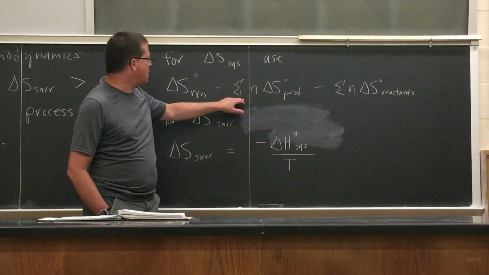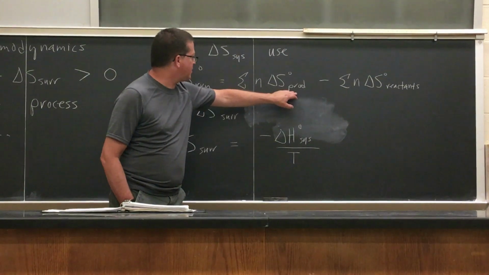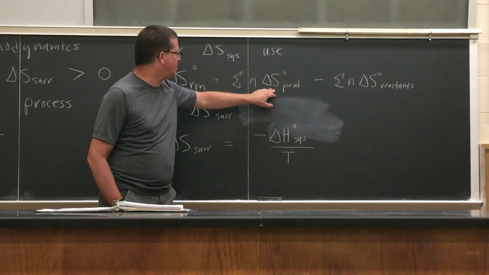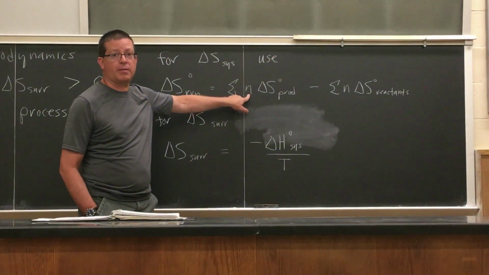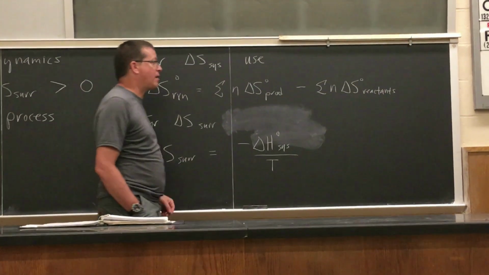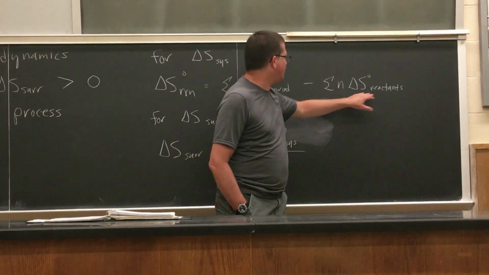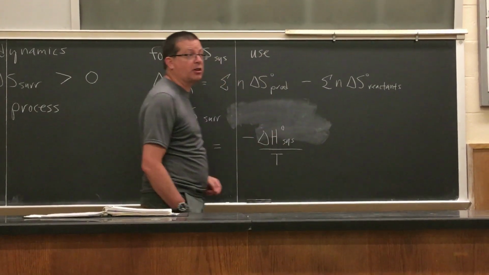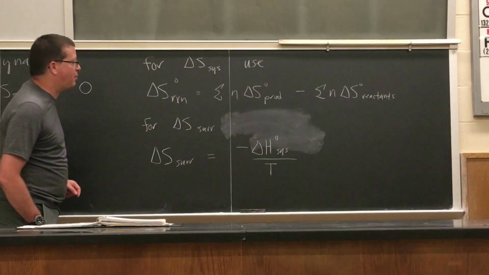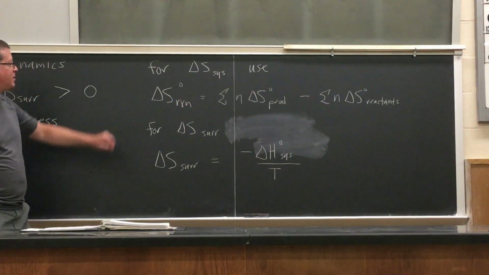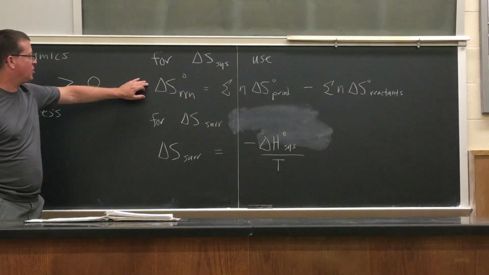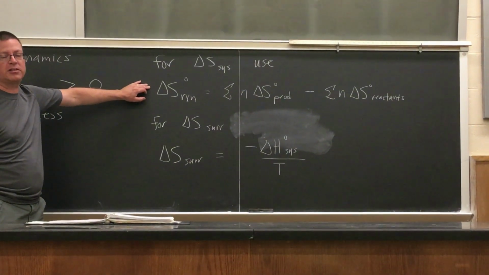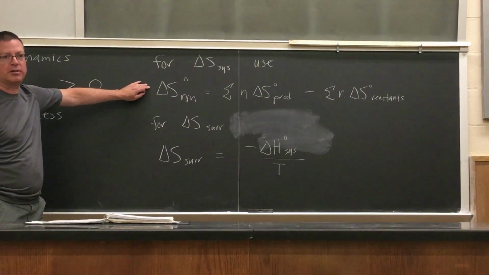It's just the summation of the standard state entropies of the products, taking into account the stoichiometric coefficients, minus the summation of the standard state entropies of the reactants, also accounting for stoichiometric coefficients. We'll look at an example of this in just a moment. This is how we can calculate the entropy change associated with a chemical reaction.